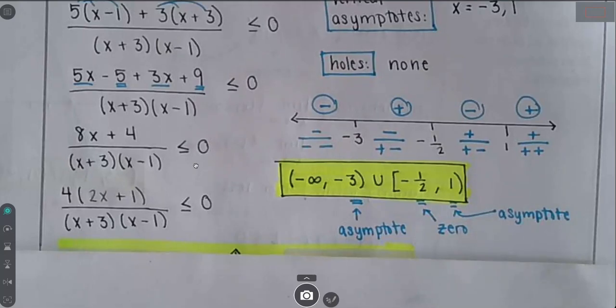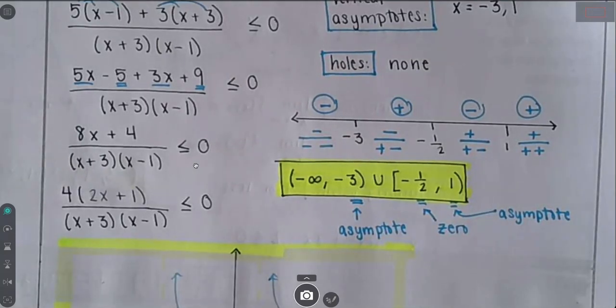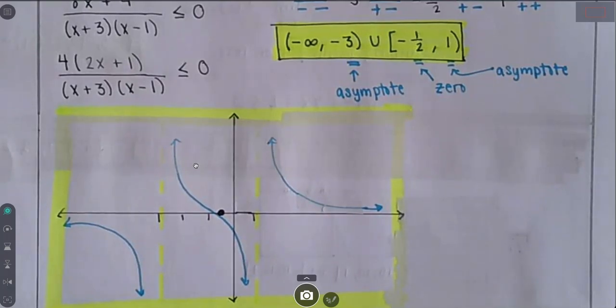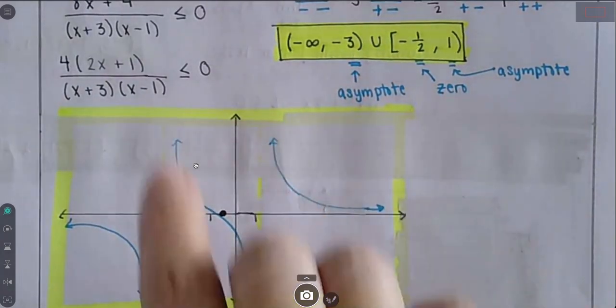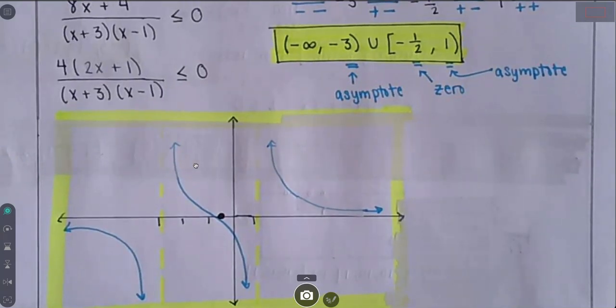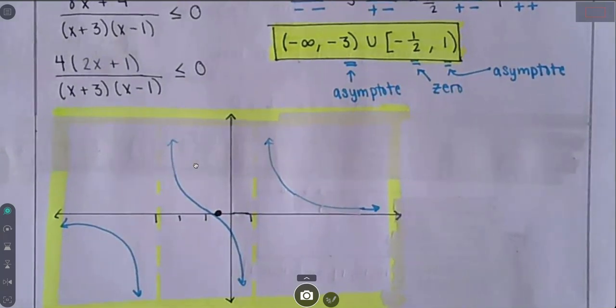All right, and if we were to graph this on a calculator, it would look something like this. So we have asymptotes at 1 and negative 3. We have a 0 at negative 1/2. And it's a rational function, so the lines are following in that way.